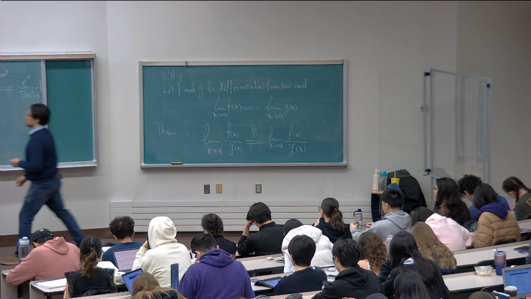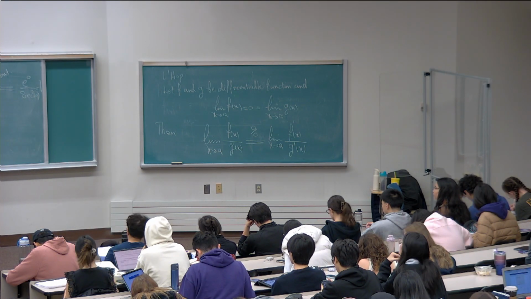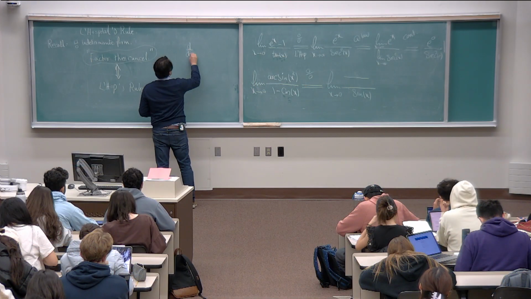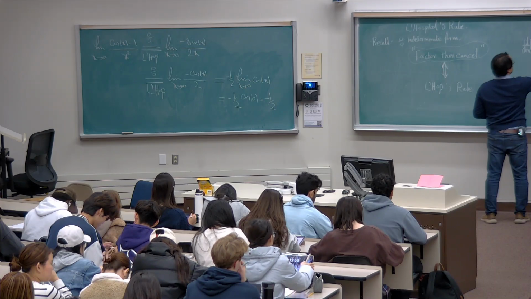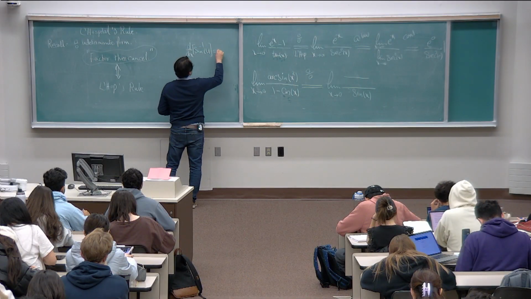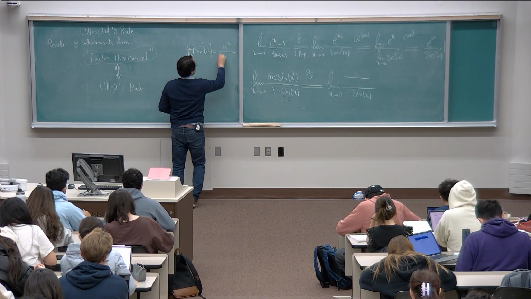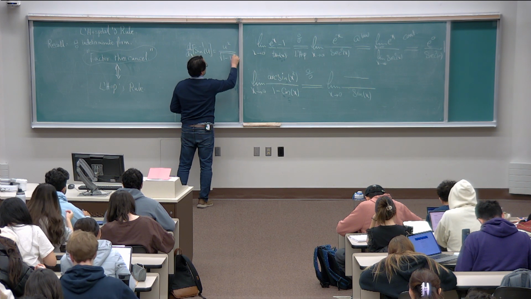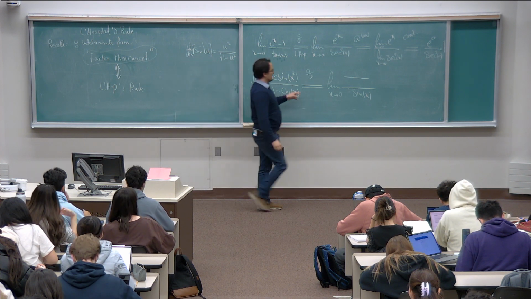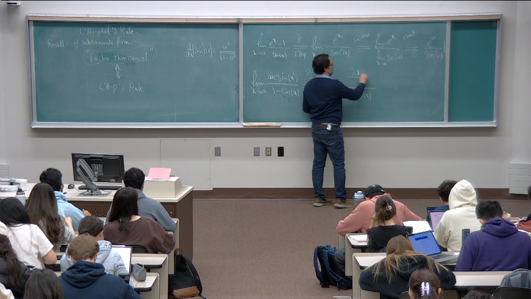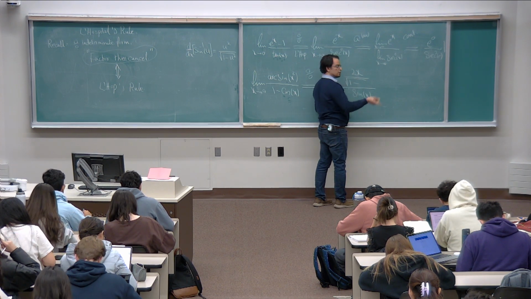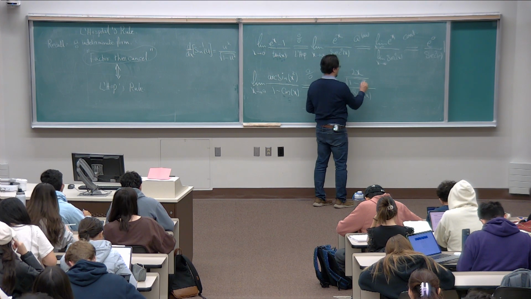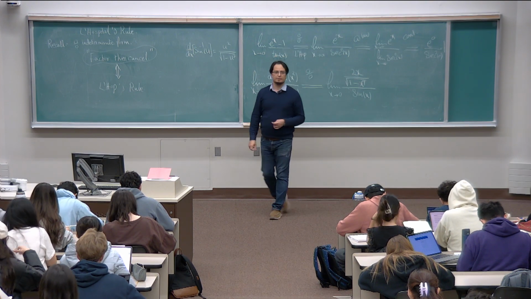Maybe I should write it somewhere here to recall that the derivative of sine inverse u is u prime over root 1 minus u squared. In this case, u is x squared, so u prime is 2x. 1 minus x squared squared is 1 minus x to the power 4. Okay?